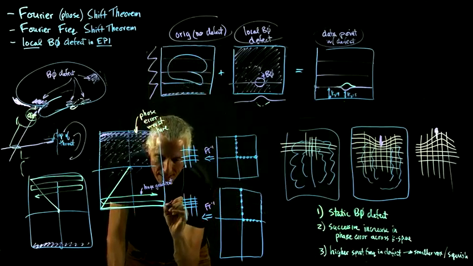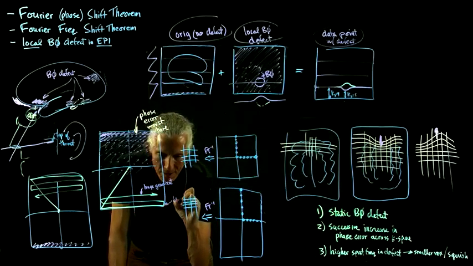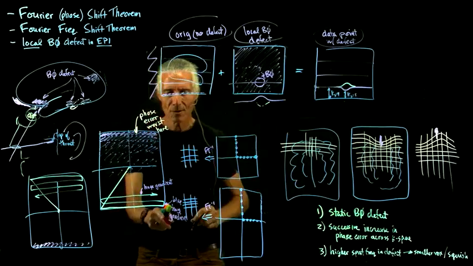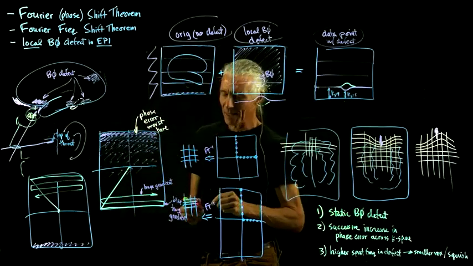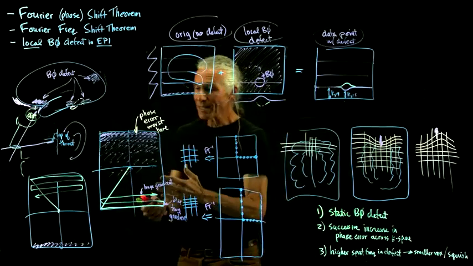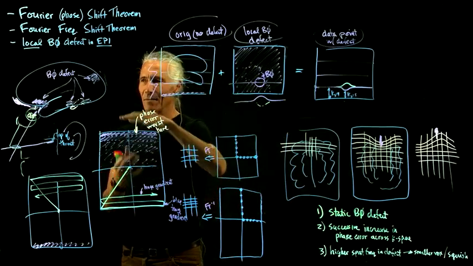But this is a blip, a tiny gradient, and so the phase errors are larger relative to those tiny blips. And so the end result is that you only see this effect in the phase-encode direction.